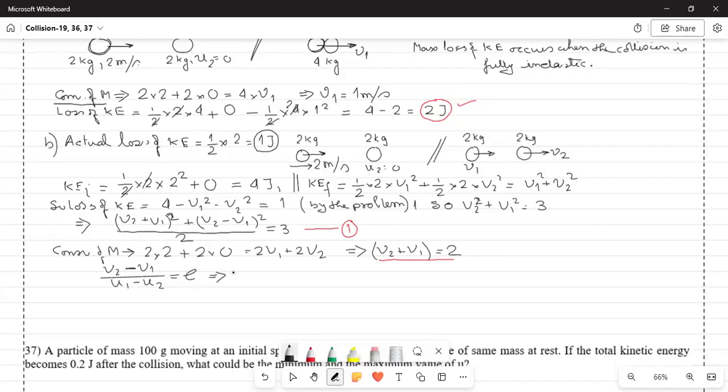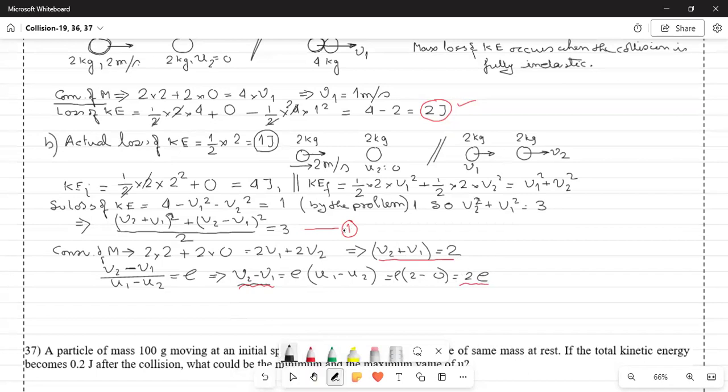We get v2 minus v1 is equal to e multiplied by (u1 minus u2), which is e multiplied by 2 minus 0, equal to 2e. So v2 plus v1 we got, and v2 minus v1 is 2e.